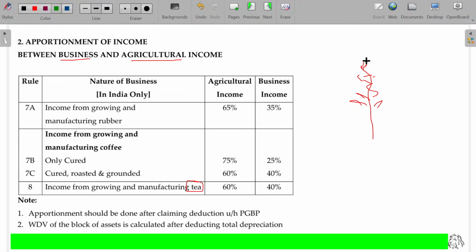Only the first three leaves are cut and packed. That will be saleable as green tea. Selling and processing the green tea is not taxable, fully exempted. Thereafter, the second layer requires some process to convert the tea into tea powder.